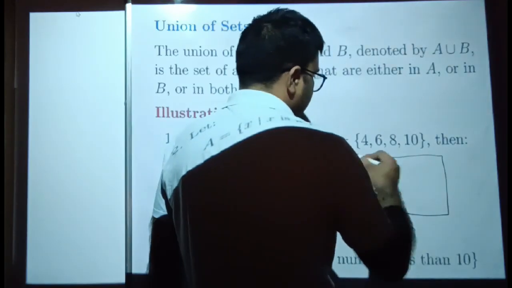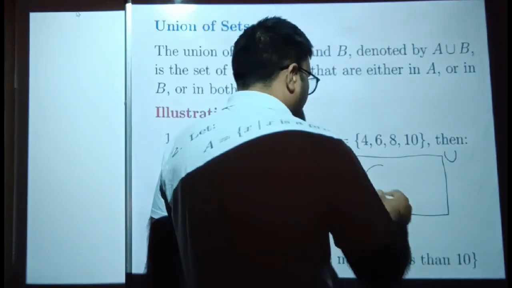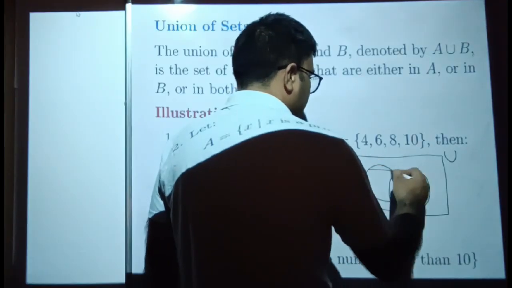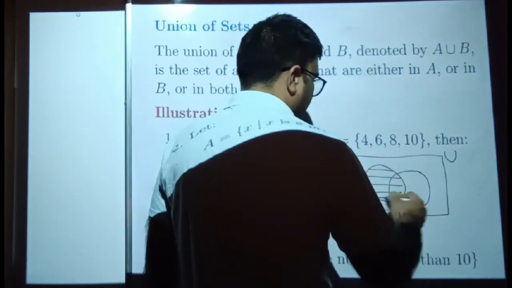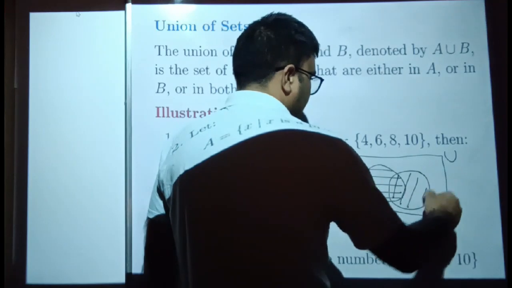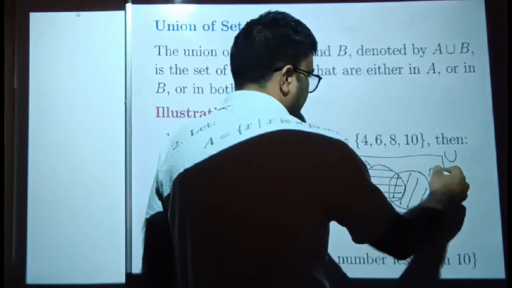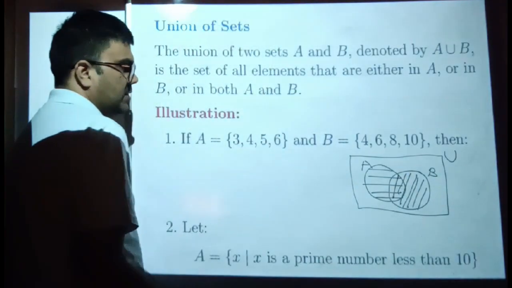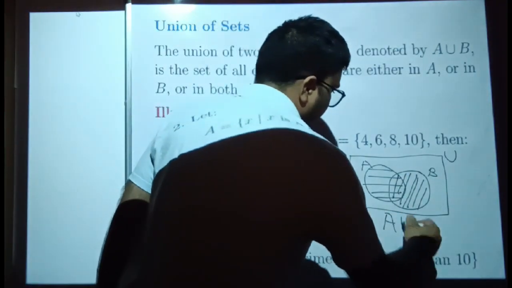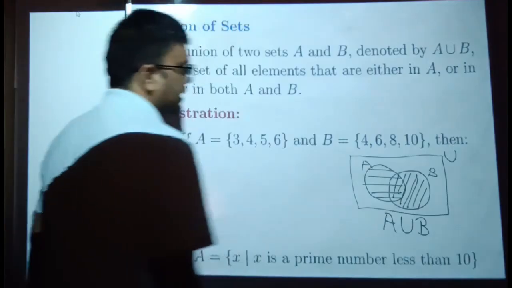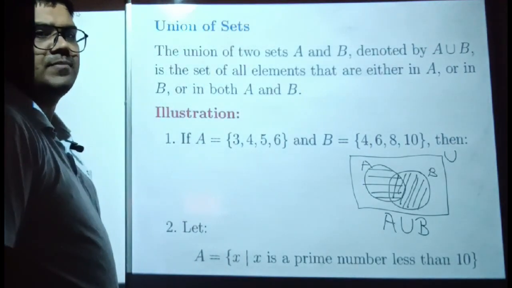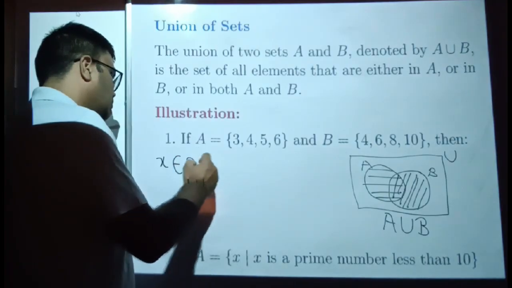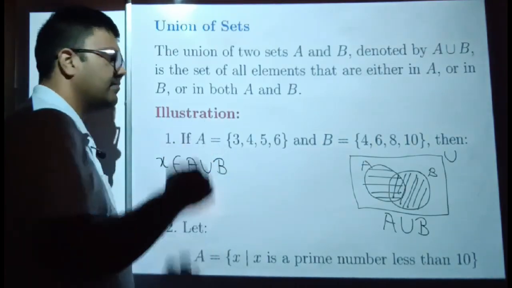This is the universal set U. We have two sets A and B. This is set A. This is set B. This whole shaded region that we obtain over here represents the union of the sets A and B. So we can say X belongs to A union B.